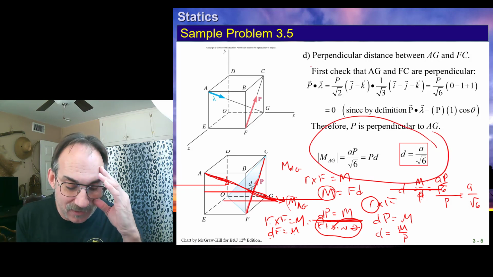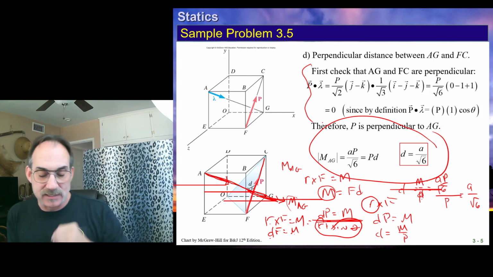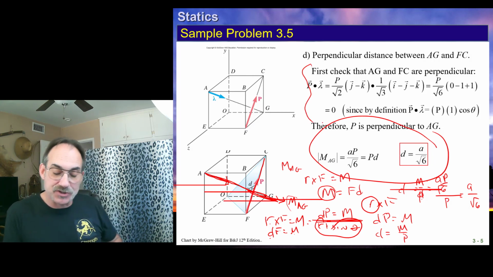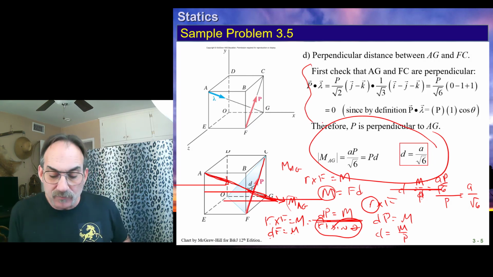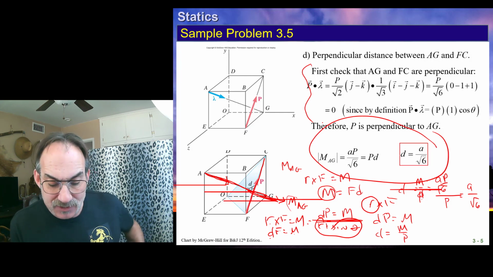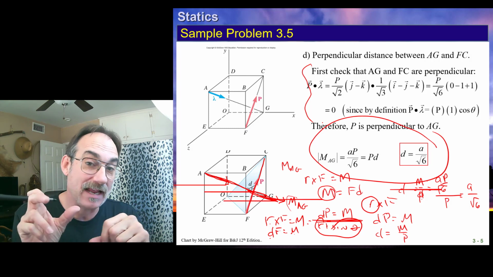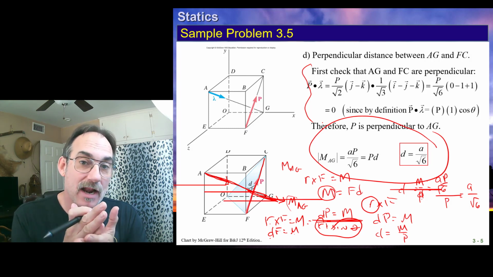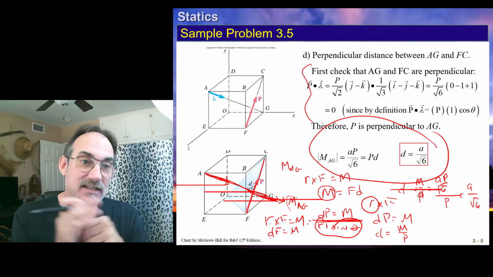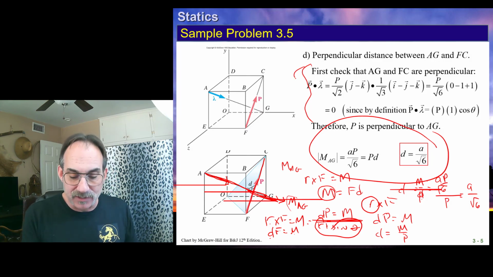The one extra thing the book does is first check to make sure the dot product of those two is 0, and that shows that these two are perpendicular. Remember, if they're not perpendicular, the dot product will leave a component. If the dot product gives 0 component, that means they're perpendicular, and that's what this check is doing here.